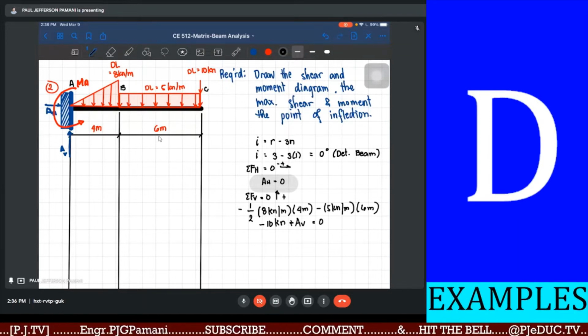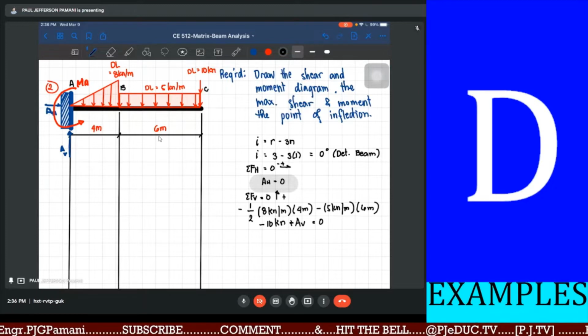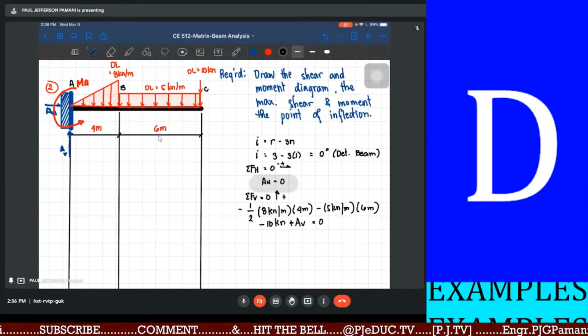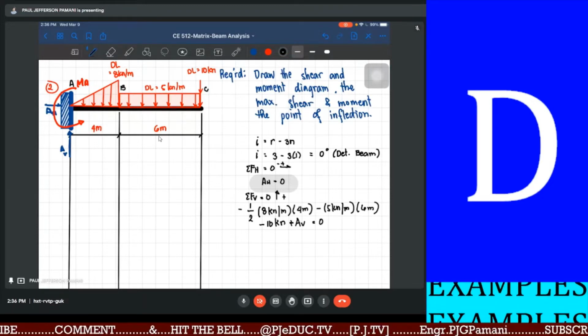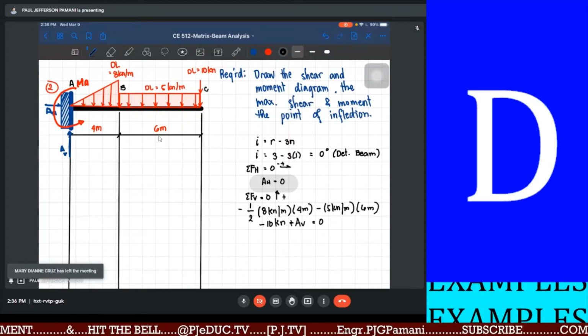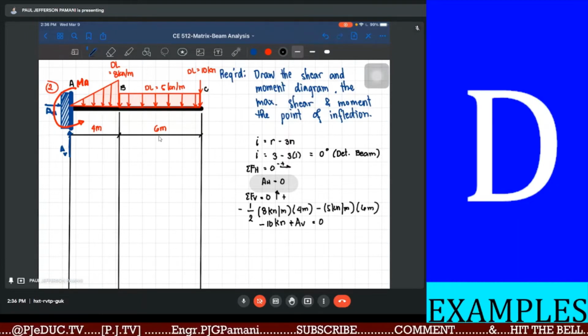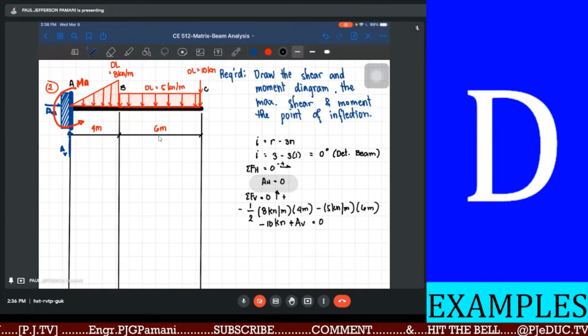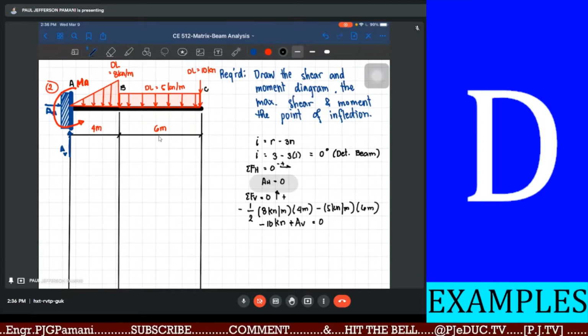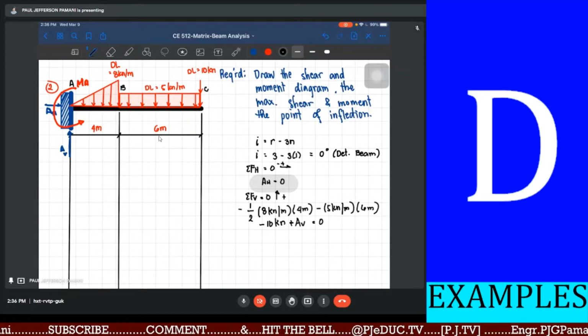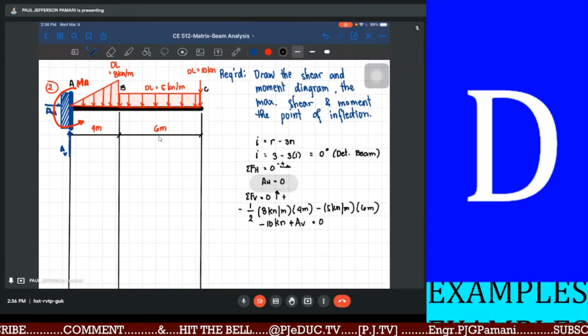Simplify, negative 1/2 of 8 kilonewton per meter times 4, minus 5 times 6, minus 10.